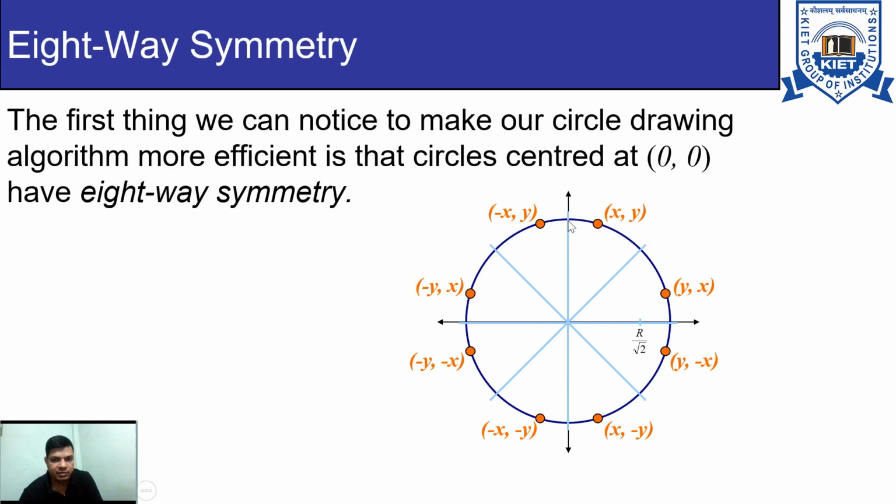That means we will plot from the y-axis, from this point, which starts as 0 comma r, where 0 is the value of x and r is the value of y, and we will continue to plot until the value of x becomes more than or equal to y. So you can see from this figure we will only plot this part, and the remaining part can be obtained by using the concept of symmetry.